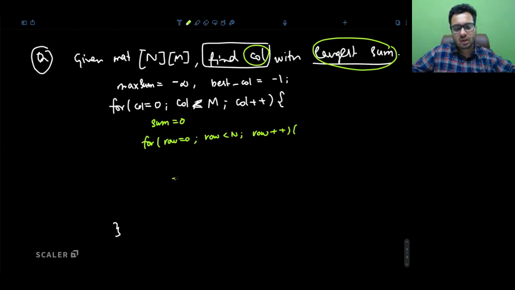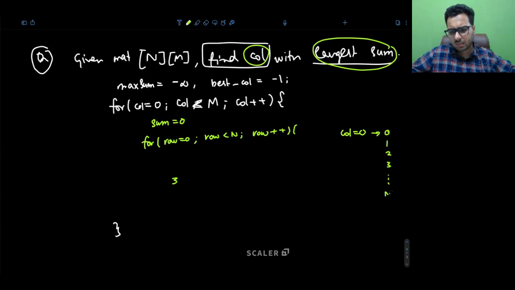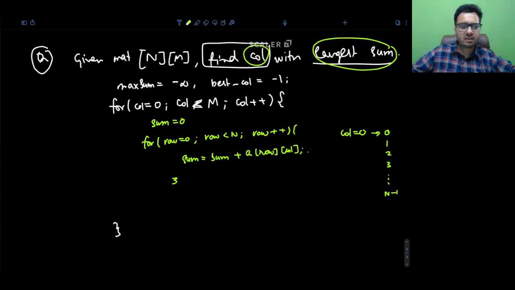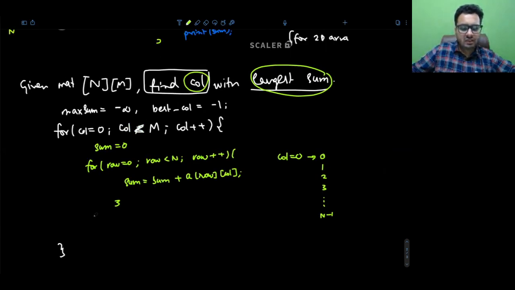So when column is 0, I am changing the rows from 0, 1, 2 up to n minus 1. And in my sum, I'm going to add sum plus array of row comma column. Does it make sense?